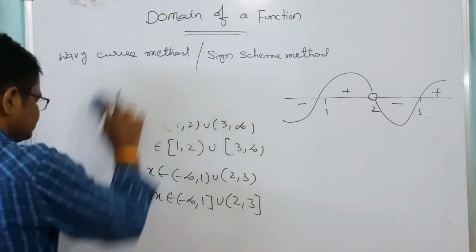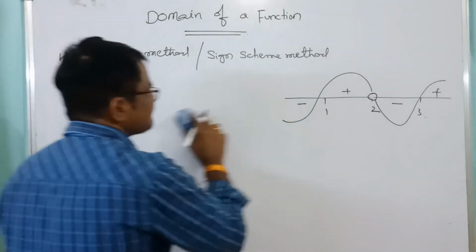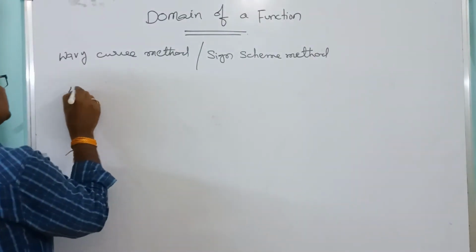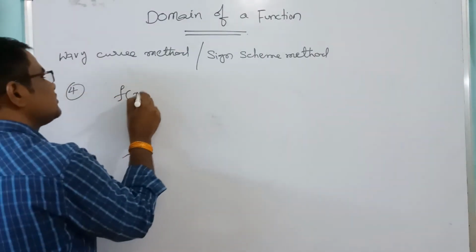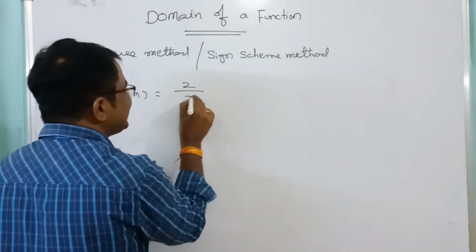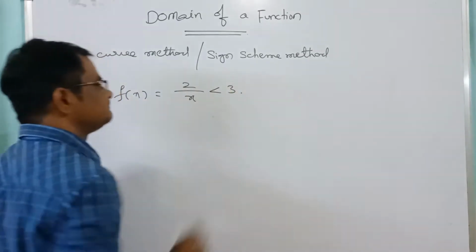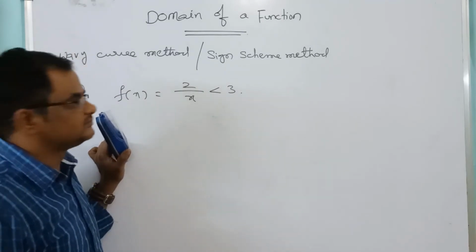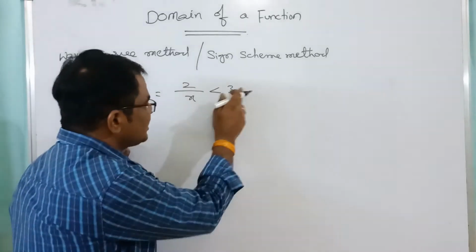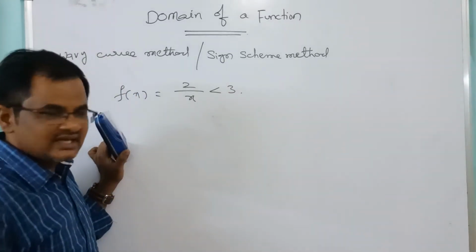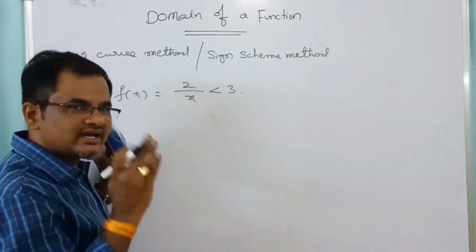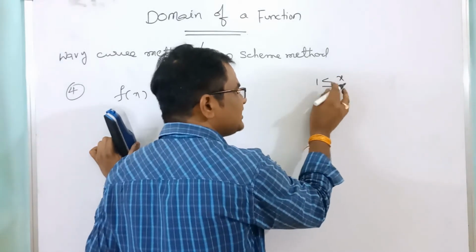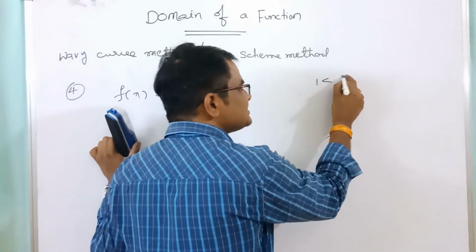Next, fourth one. Suppose they give f of x equal to 2 by x less than 3. What do we have to do? Don't do the cross multiplication, because we don't know whether x is positive or negative. Suppose we know that 1 is less than 2.